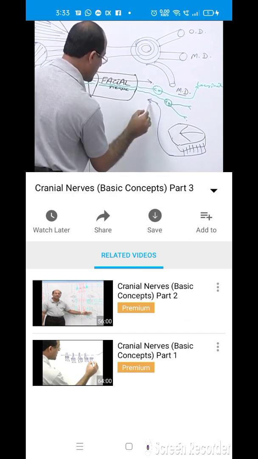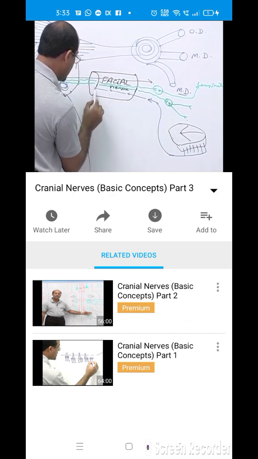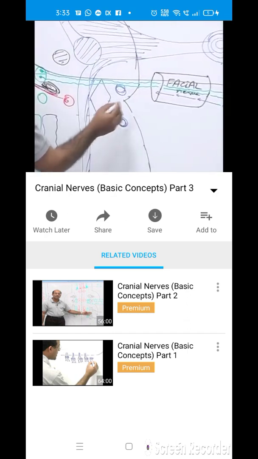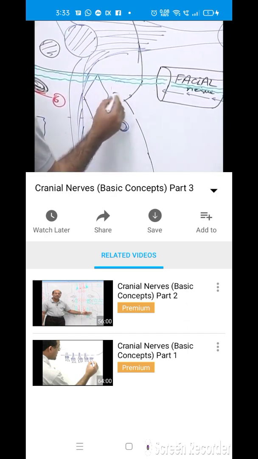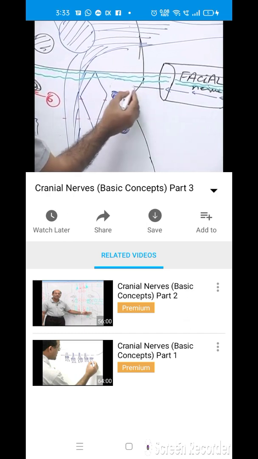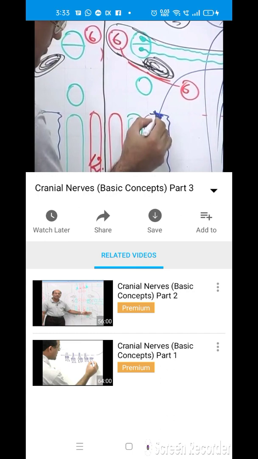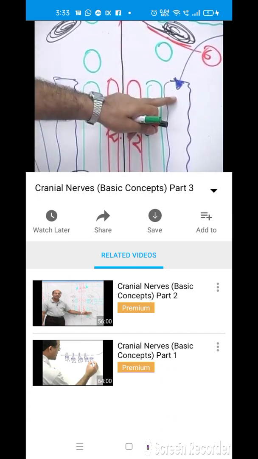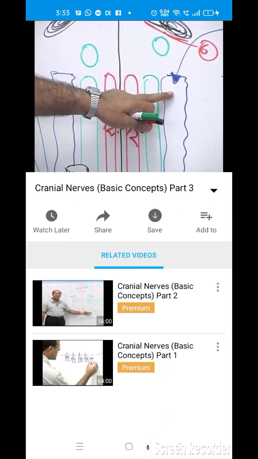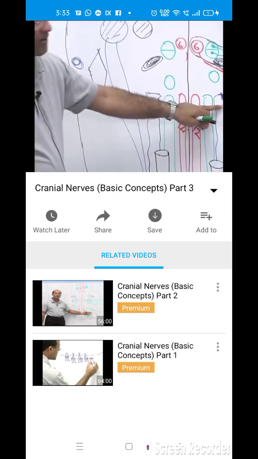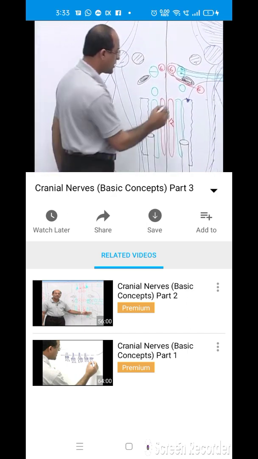They come to the seventh nerve, and these taste fibers will pass through the seventh nerve, and they will be connected to, what is this destination? Nucleus of tractus solitarius.